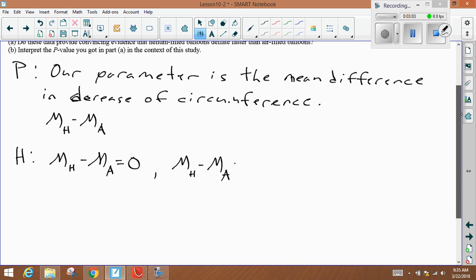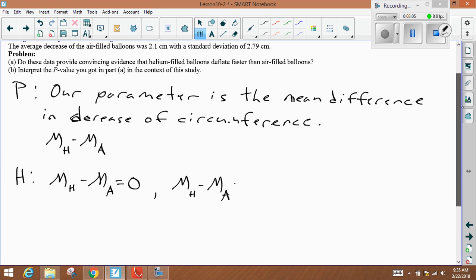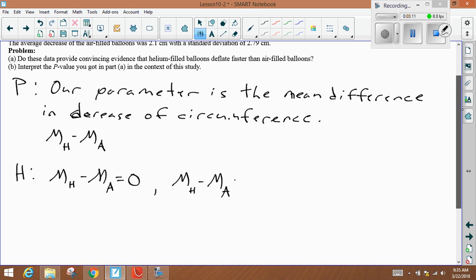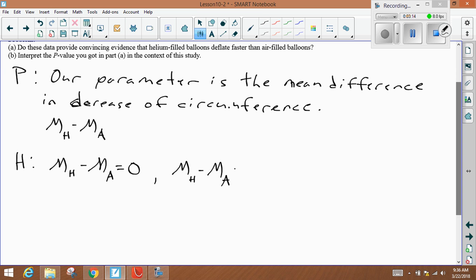And what do we want to know? We want to know, is there evidence that helium-filled balloons deflate faster? So if they deflate faster, then we should get a number less than 0, right? Decrease, it's not the circumference, but the decrease in circumference.